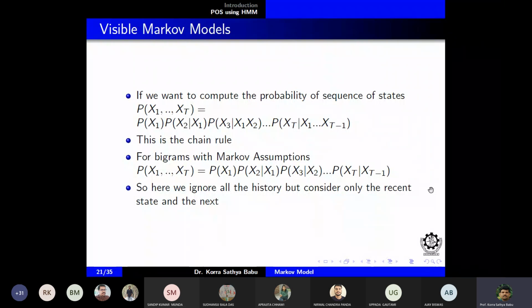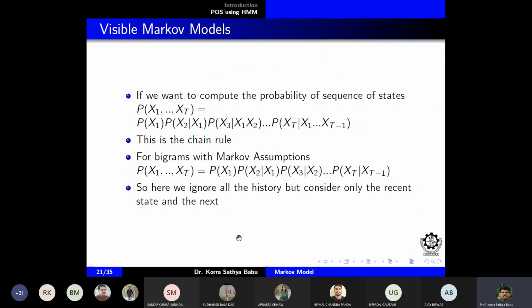Okay, so for bigrams with the Markov chain assumption, the probability of x1, x2, x3 up to xt is equal to the probability of x1 times the probability of x2 given x1, times the probability of x3 given x2, like that up to the probability of xt given xt minus 1. If it is trigrams, then how do we do it?